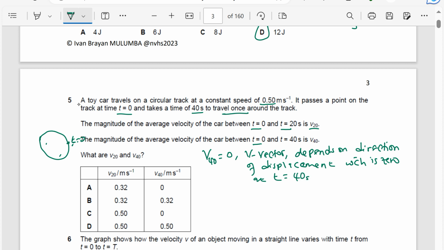So you move from this point, you come back to the same point, the displacement is 0. So v at 40 is going to be 0. So v40 is 0, we ignore this one and this one.